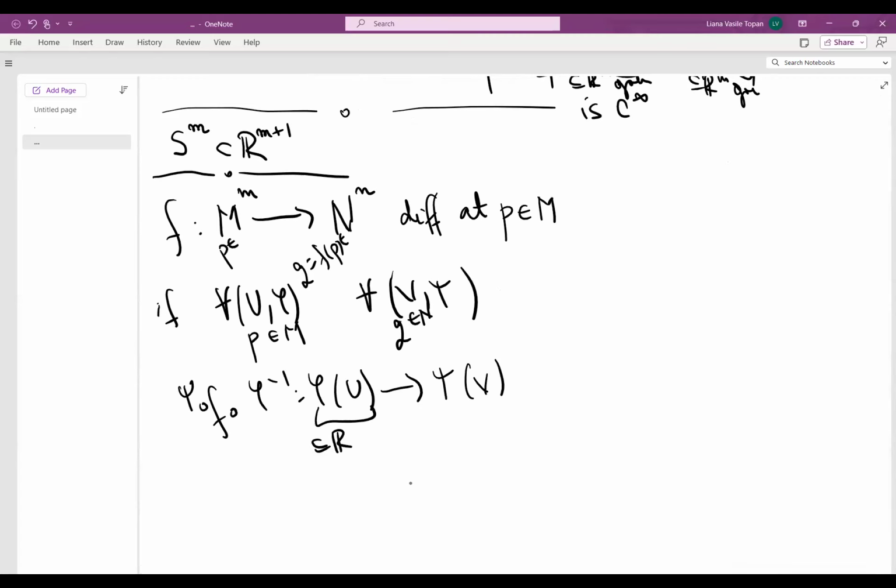This is an open subset of R^m, and this is an open subset of R^n.